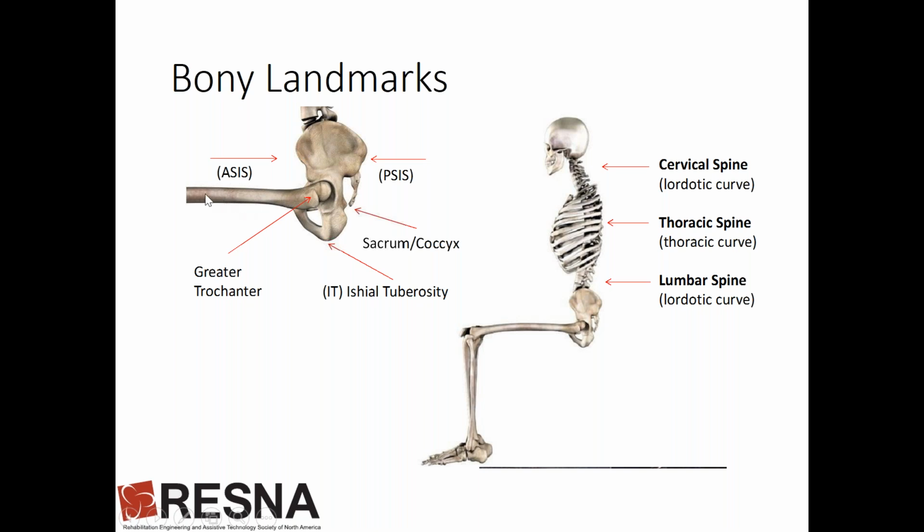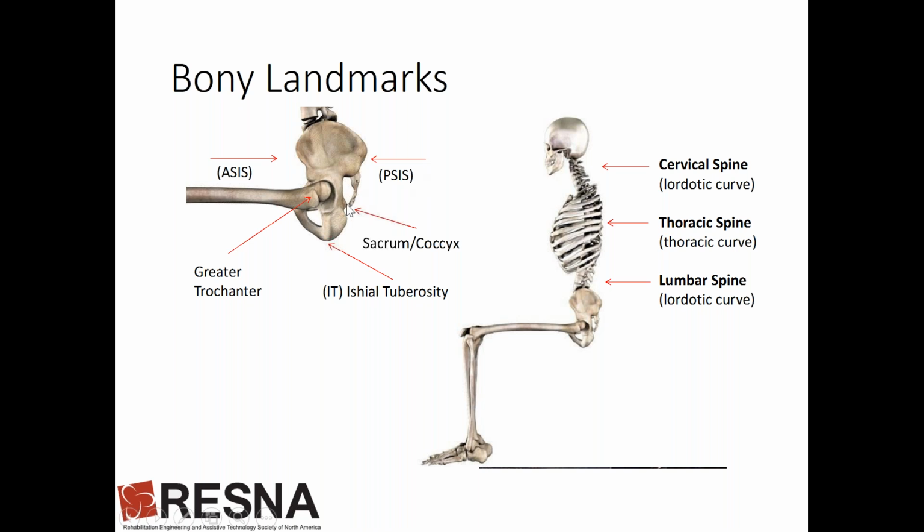So the femur, this is your leg bone, and then the greater trochanter fits right in the socket here. And you may find a pressure area here when someone's sidelying, or if they're too tight in a chair. Ischial tuberosity is our sitting bones. If someone's sitting upright like this picture, they're putting a lot of pressure on their ischial tuberosity. There's a left and a right ischial tuberosity. There's also a left and a right ASIS as well as PSIS.